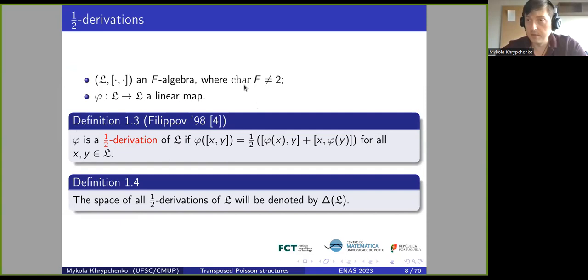That's why I require that the field has characteristic different from 2. These maps form a vector space, and the vector space of all half derivations will be denoted by delta of L. Well, just the vector space, since the bracket of 2 half derivations is not necessarily a half derivation, so we'll be just talking about the vector space of such maps.